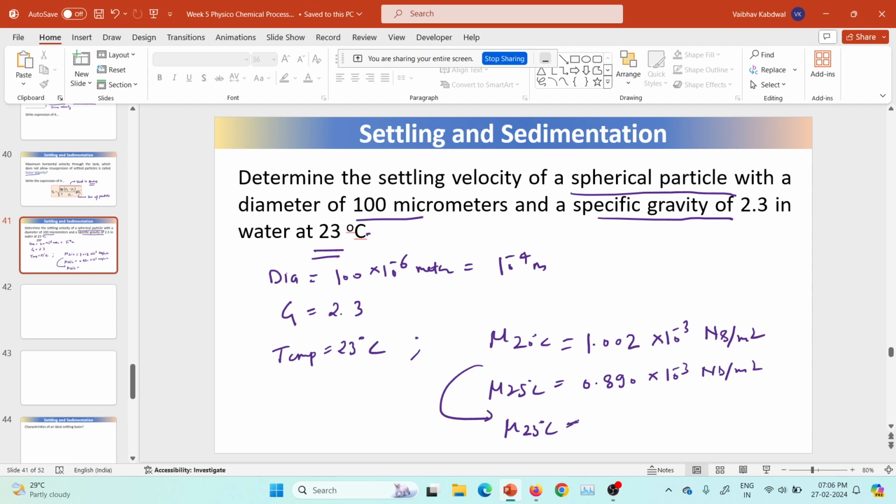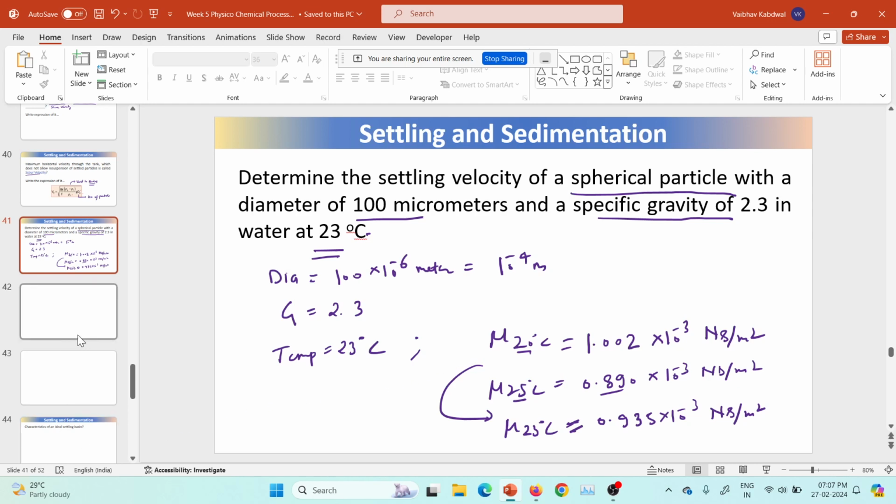For mu at 23 degrees Celsius, we will interpolate and we will get 0.935 into 10 to the power minus 3 Newton second per meter square. So here you can see, if temperature is increasing from 20 to 25, its dynamic viscosity is decreasing. So what will happen if you write the formula for settling velocity that we talked about earlier also in the first class? If temperature changes, it will affect the settling or sedimentation of the particle.